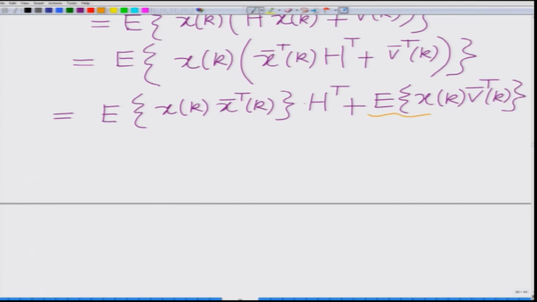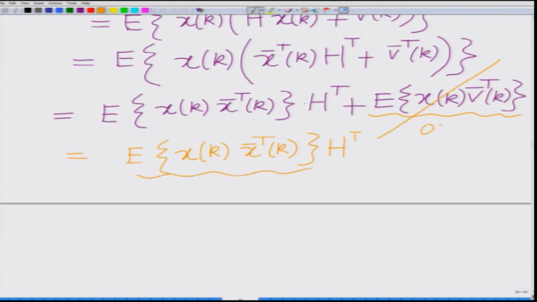Now, again we know the noise and symbols are uncorrelated or independent, therefore, this is equal to 0. So, what we are left with is expected value of x k x bar transpose k times H transpose.